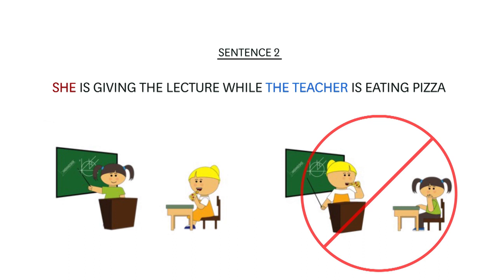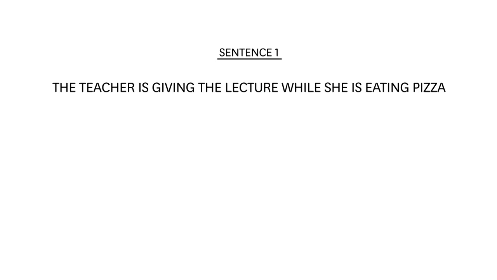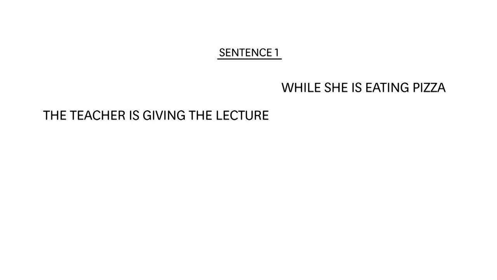But there is another possible explanation. Perhaps the pronoun she cannot be used to refer to the teacher simply because it comes first in the sentence. This explanation will not work, however. To see this, let's make a change to the first sentence again. This time, we will reposition the entire clause that contains the pronoun she.